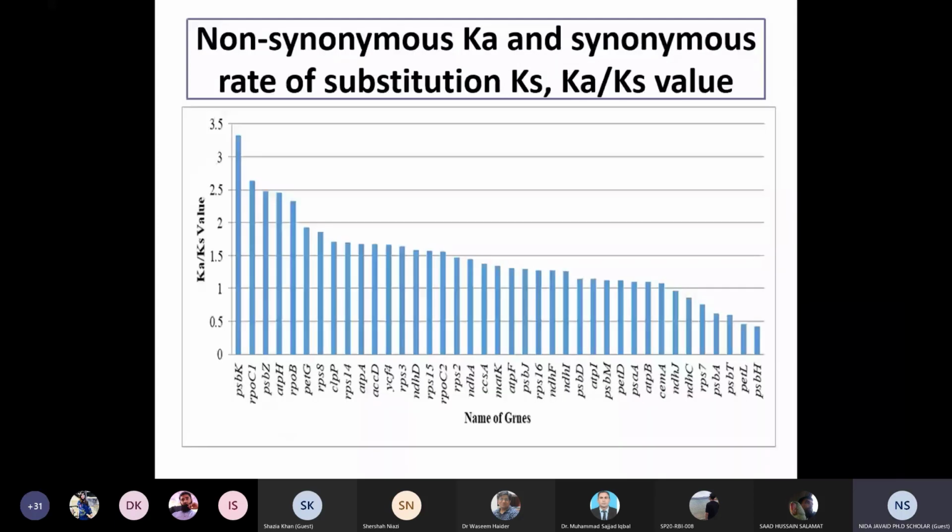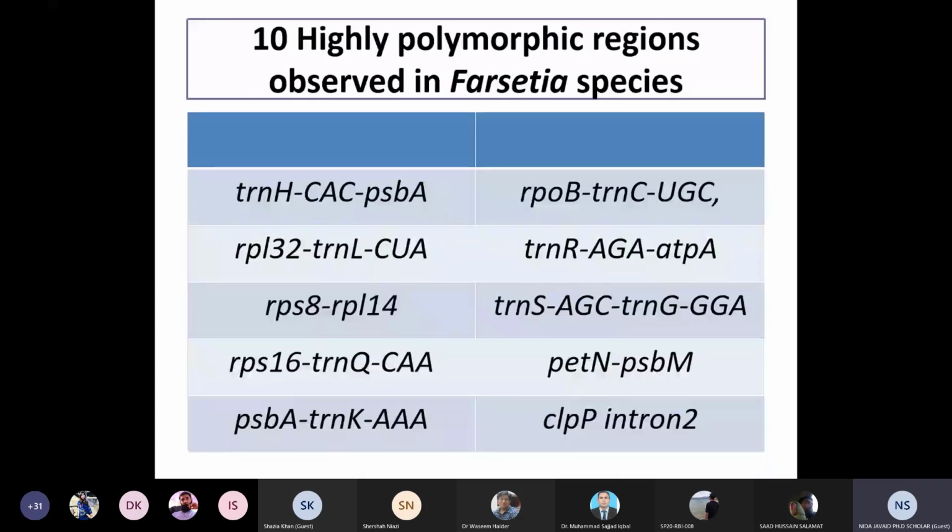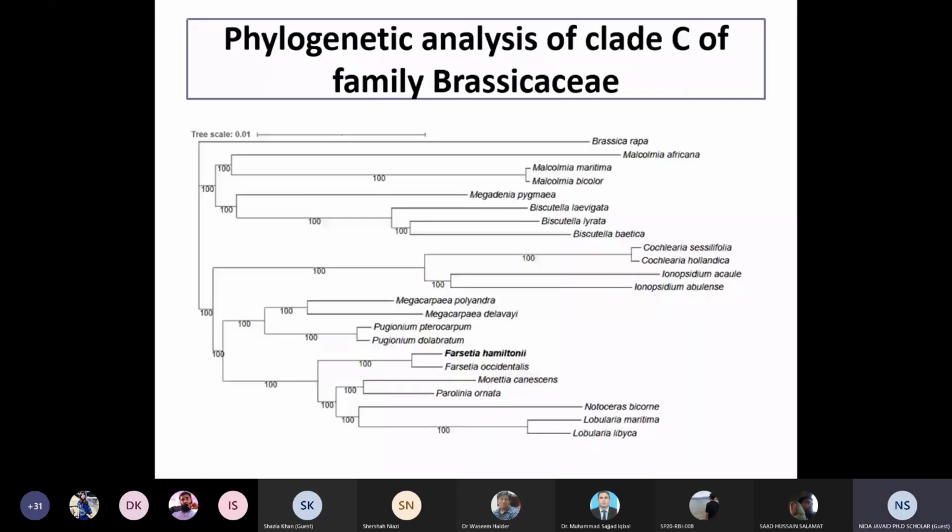Here I have displayed the 10 highly polymorphic regions observed in Farsetia species, which can be used as markers in identifying the species. The phylogenetic tree of 23 species of Clade C showed Parolinia and Morettia as the closest genera to Farsetia.